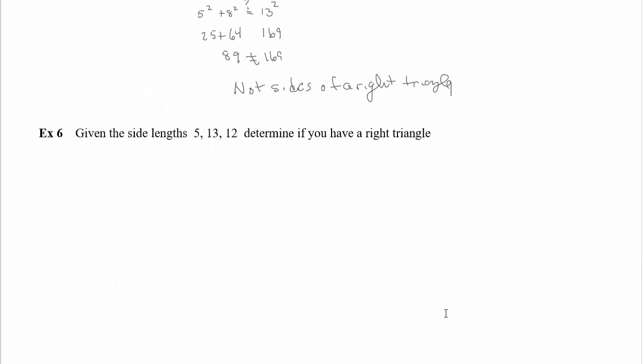Last one. How about 5, 13, and 12? Now, again, we need to determine which side is C because it has to be the longest. When we look at this, it's very easy to see that side C has to be that 13 again. In this case, it doesn't matter which is A and which is B. B could be bigger than A or A could be bigger than B. So, does A squared plus B squared equal C squared?